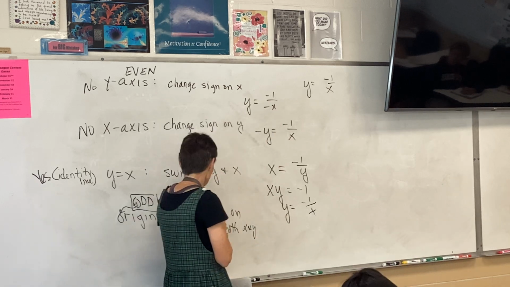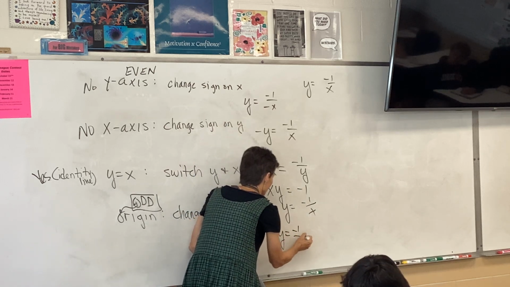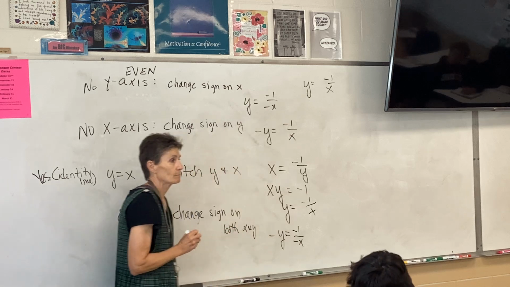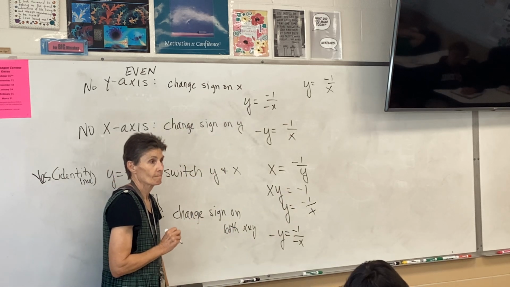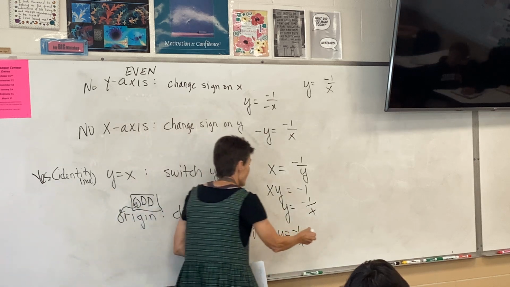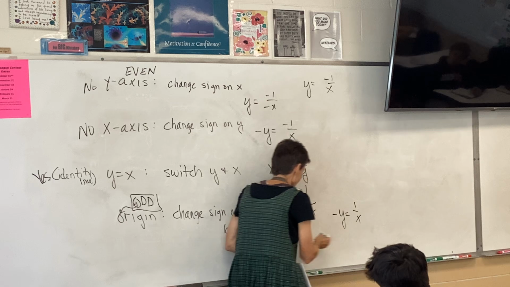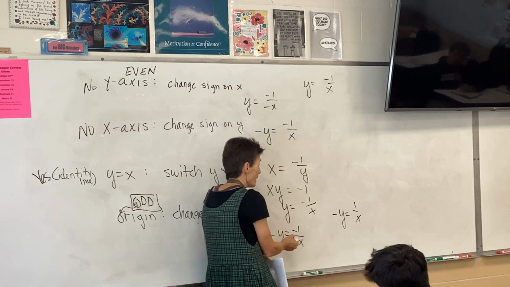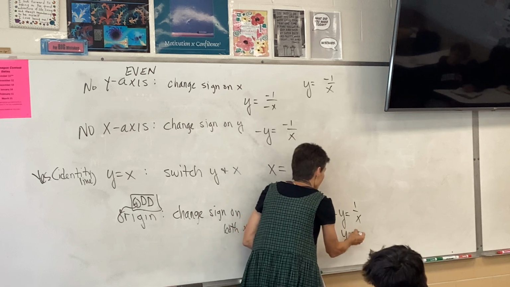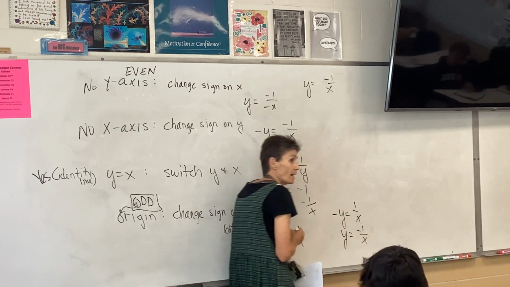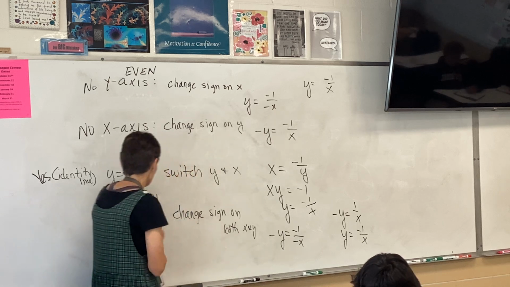And then how about if I change the sign on both? That will say negative y equals 1 over x, because these will cancel. And then if I multiply by negative 1, it will say y equals negative 1 over x. Yeah, so that's a yes.